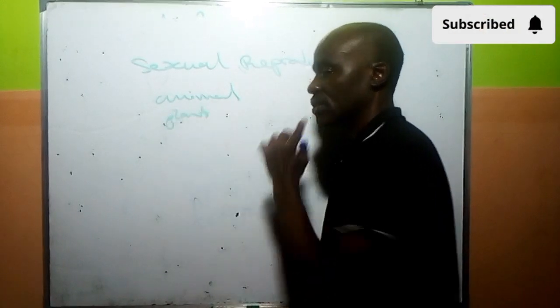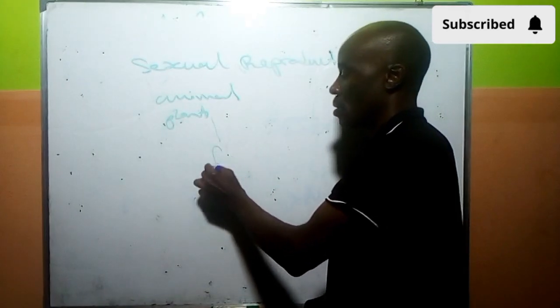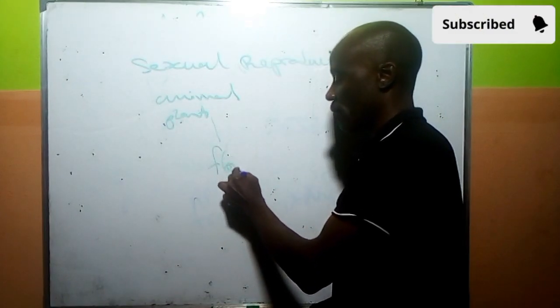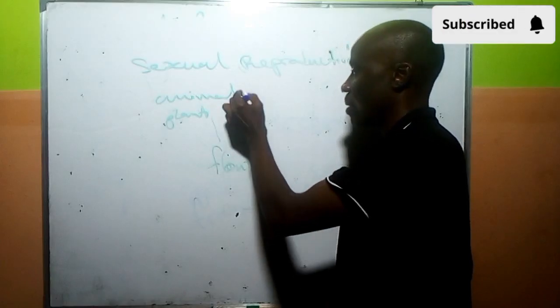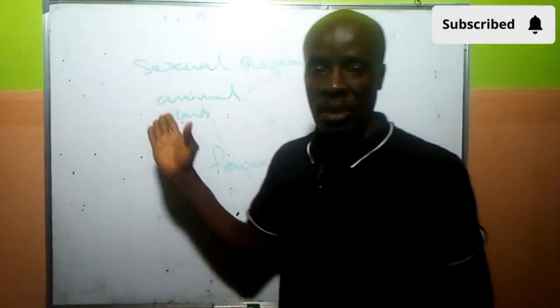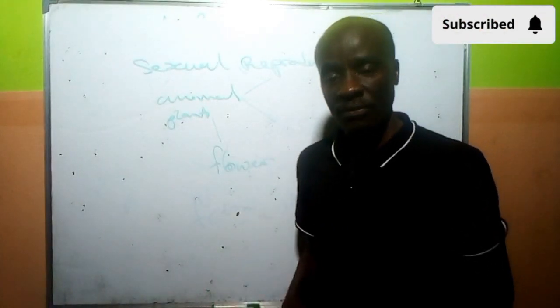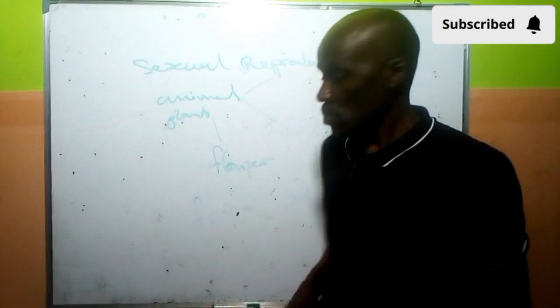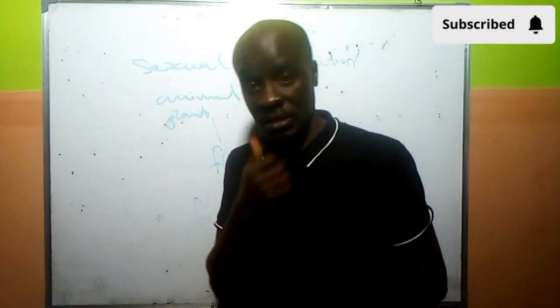In the case of plants, the reproductive organ is what? The flower. In animals, they normally have male and female separate. In most cases, the organ of reproduction in plants, like I said, is the flower.